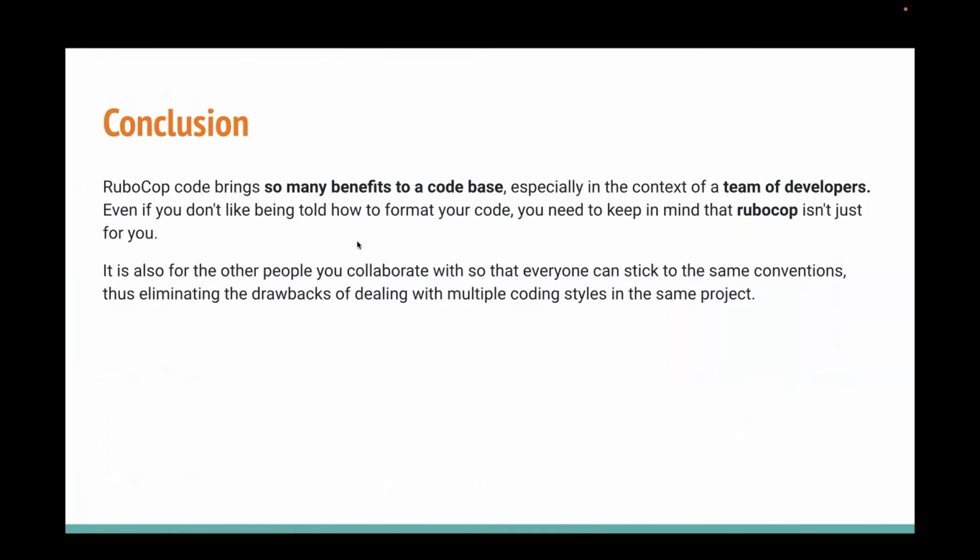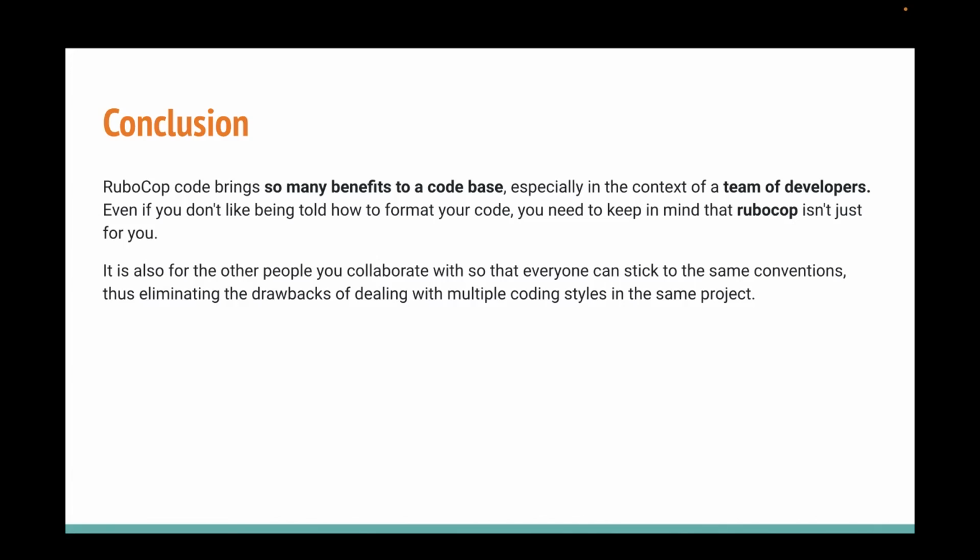Yeah, after this long discussion of Rubocop, Rubocop has so many benefits to a code base, especially in the context of team developers. Even if you don't want to be told how to format your code, you are not only writing the code for yourself, because you need to think about the other team developers and the whole project. Because if you have Rubocop, then you can make a consistent coding style in your project.